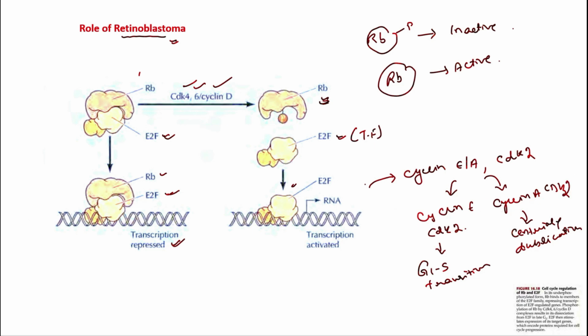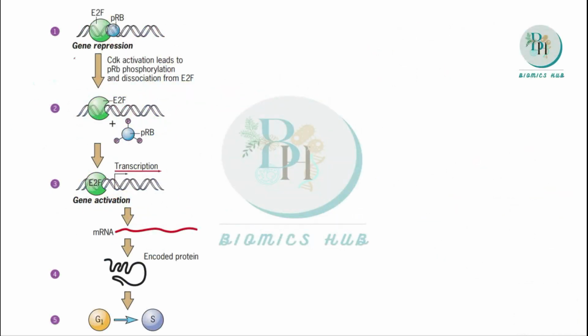Okay, let us now again see how this RB is working. When RB was capturing E2F, the gene was repressed. That means the activation of cyclin E, A and CDK2 is not being done here. When cyclin and CDK come and bind with this RB, it phosphorylates RB and there is a dissociation of E2F.